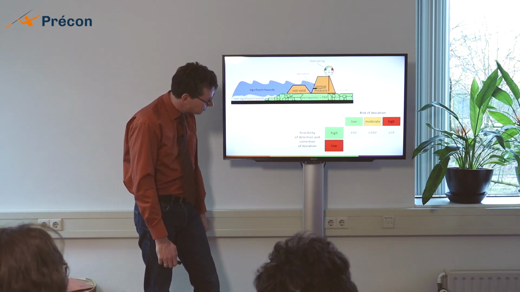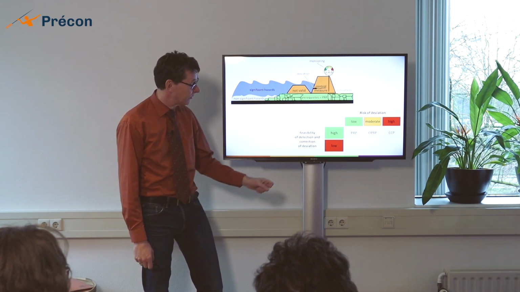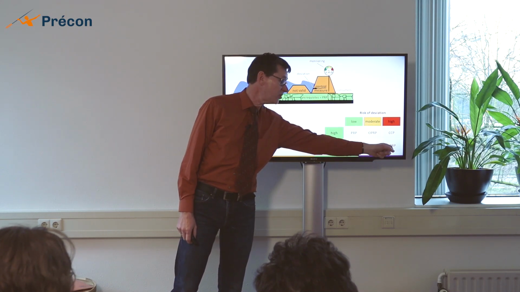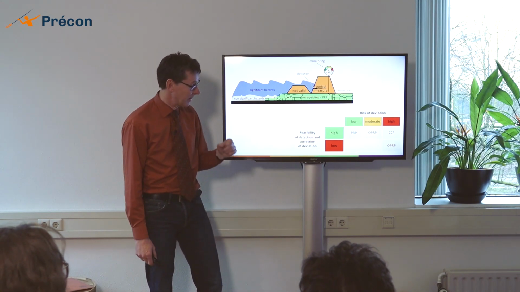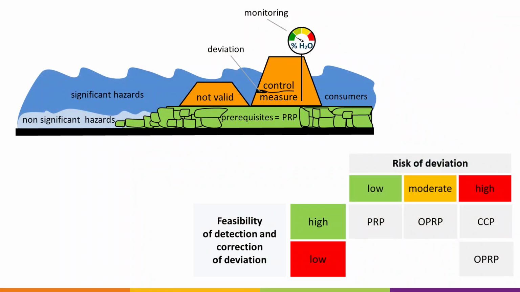But that's not all. Because we also find in our production of food that there are positions over here where we have a high risk of deviations and a low feasibility of detection and correction of those deviations. A practical example is when you buy a product and it states, may contain traces of nuts. We're making cookies, and we're making cookies with peanuts. To make sure there are no peanuts ending up in the cookies without peanuts, we do cleaning. But we're not too good at this cleaning.